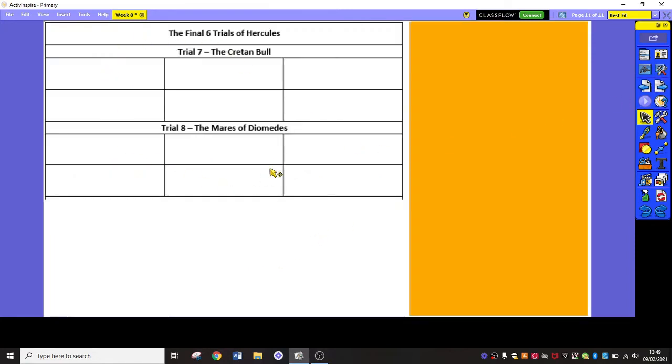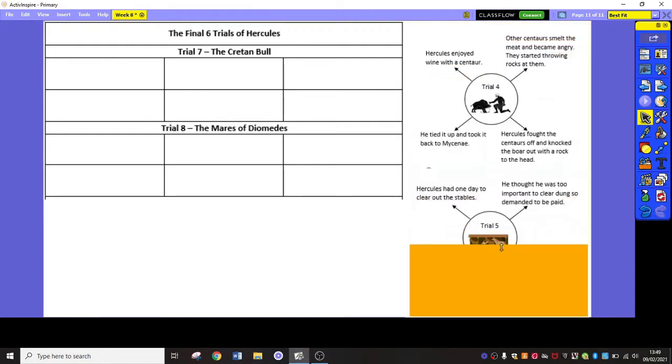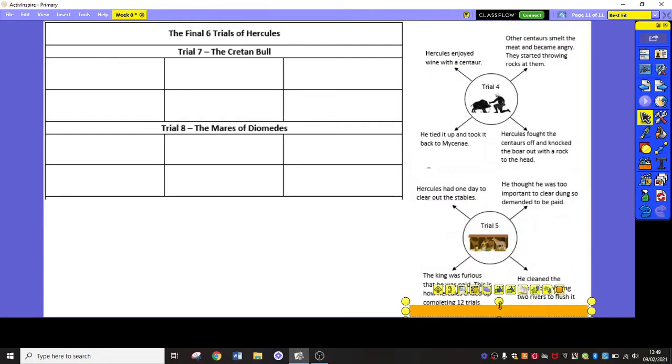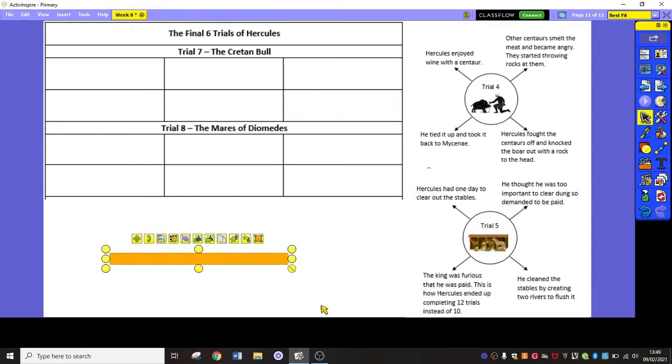So again, some of you will have this grid, some of you will have a mind map, and I just wanted to remind you what your work should look like. You are just summarising the events. So if we looked at trial 4, the boar: Hercules enjoying wine with the centaur. Other centaurs smelt the meat and became angry, started throwing rocks at him.